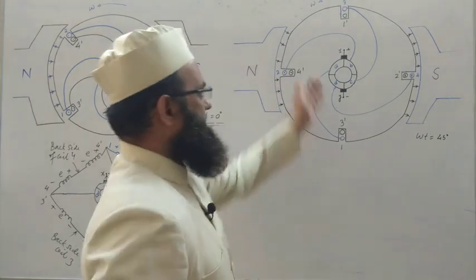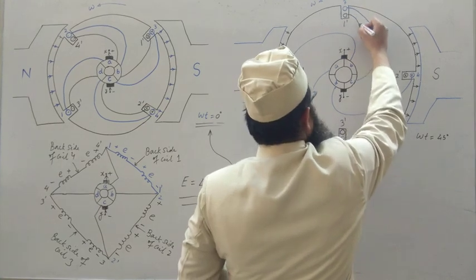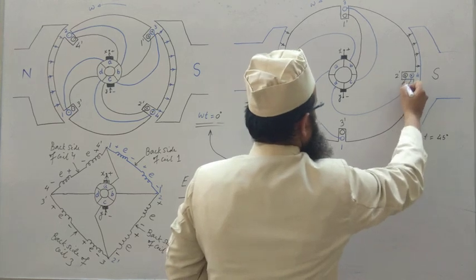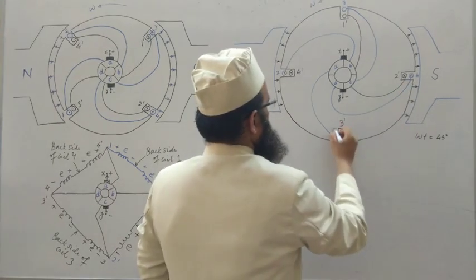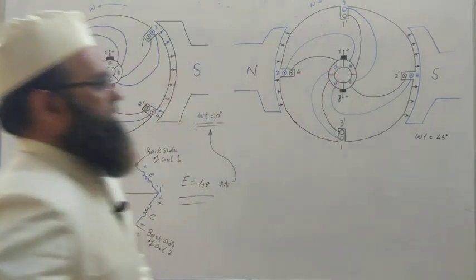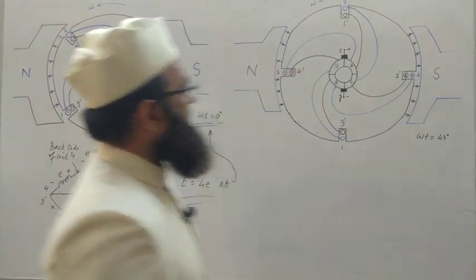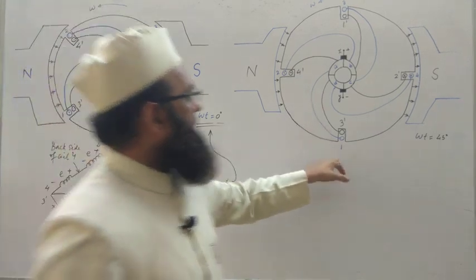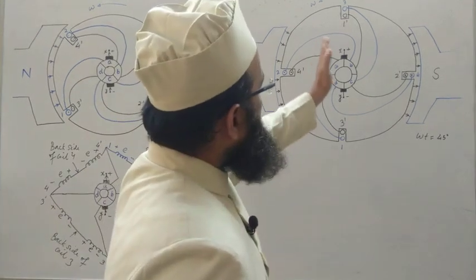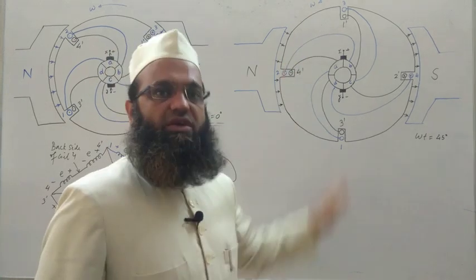Similarly, if one is connected with A, then one dash will be connected with B, 2 dash connected with C, 3 dash connected with D, and 4 dash connected with A. At this moment omega t is equal to 45 degree, we can observe that two coils, coil 1 and 3, have reached the position of the interpolar region along the magnetic neutral axis.